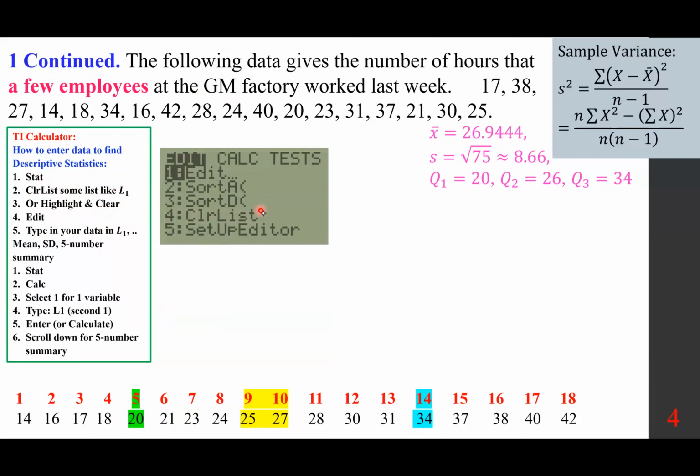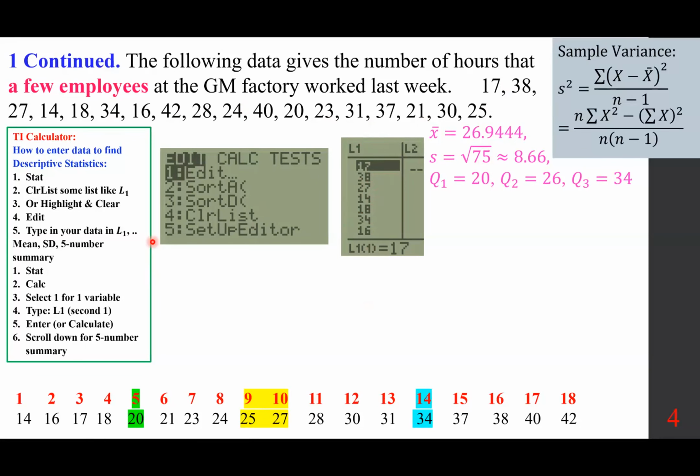I'm going to clear because I don't know if the list contains anything. I'm not going to take a chance. So I'm going to clear the list, one of them, for example, L1. And then I'm going to put in L1 the numbers, whether they are ranked or not. It doesn't matter. The calculator does everything for us. So type in the data in L1.